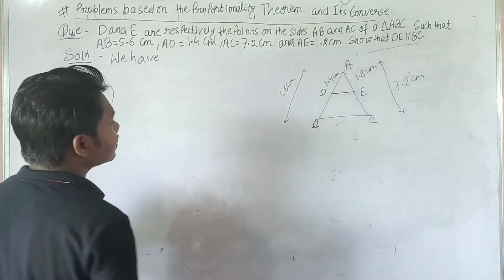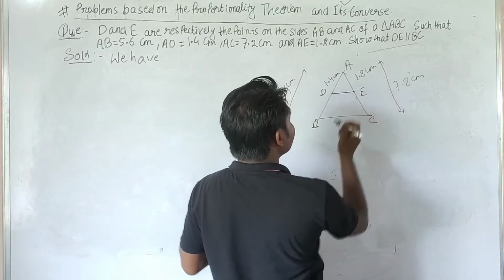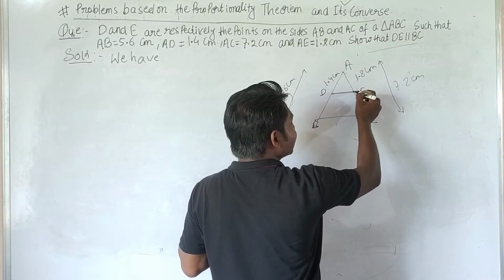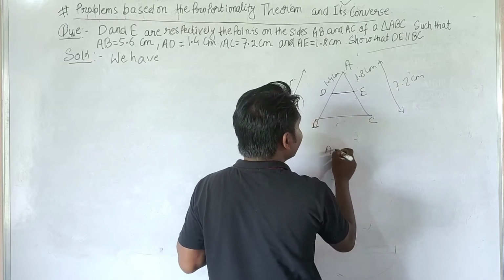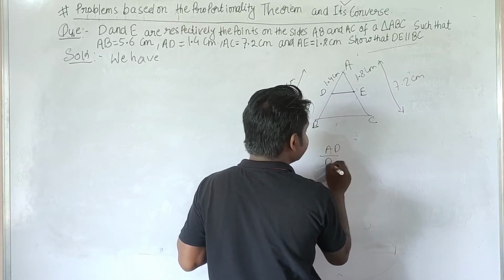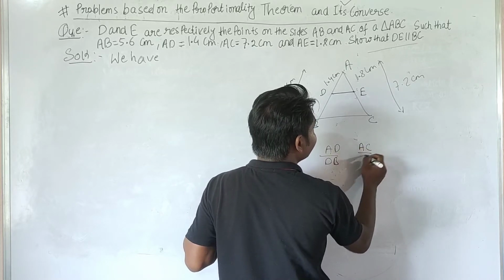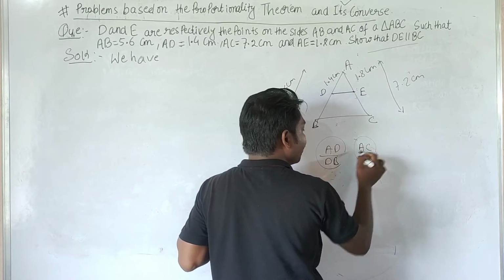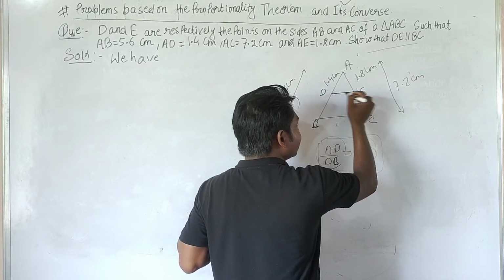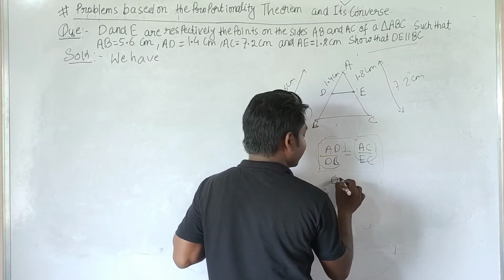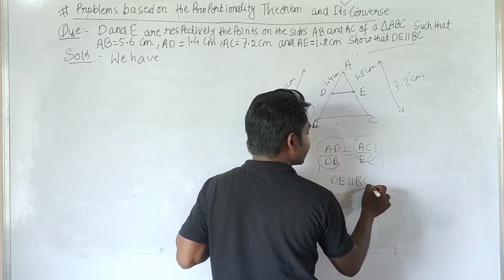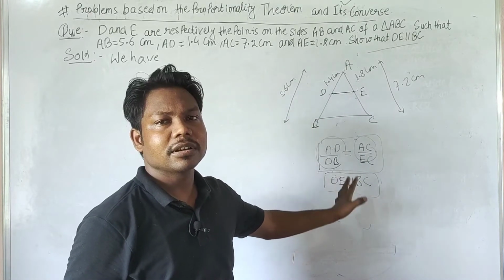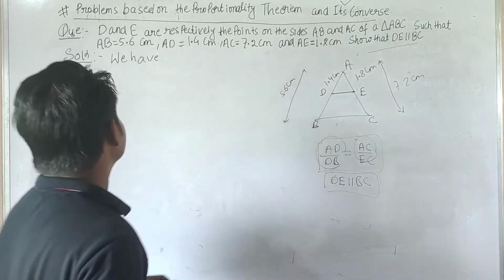If we are able to show that the ratio AD by DB becomes equal to the ratio AE by EC, then we can say the side DE is parallel to BC. So this question is relating to the converse of Thales theorem.